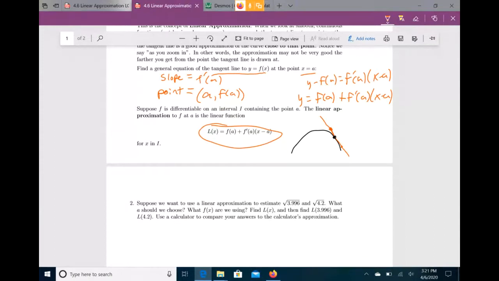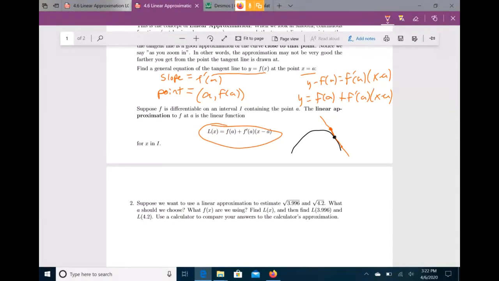So suppose we want to use a linear approximation to estimate the following square roots: the square root of 3.996 and the square root of 4.2. All right, so we need to come up with a function that would look like this and a point that would be close to these points.